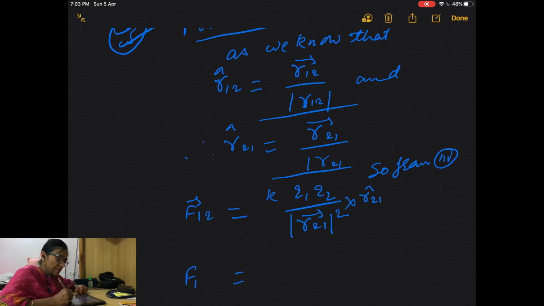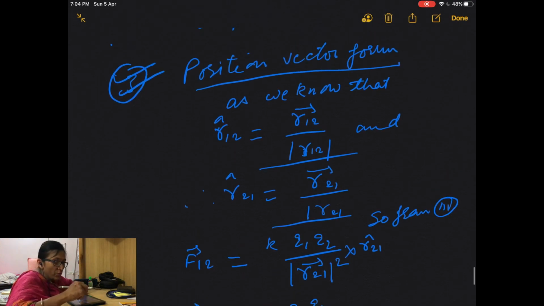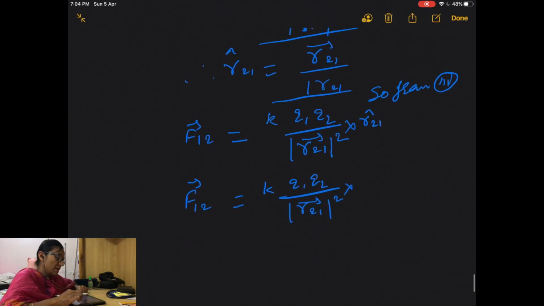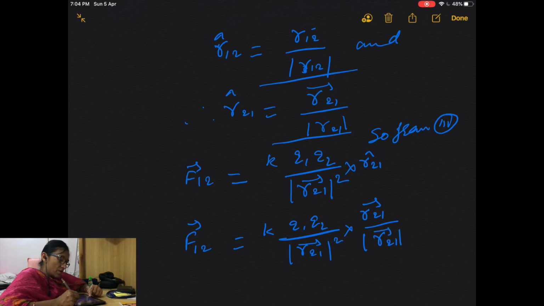This force on 1 due to 2 is equal to K Q1 Q2 divided by modulus of R21 vector square into the value of unit vector R21 cap, and this is equal to R21 vector divided by modulus of R21. Okay.